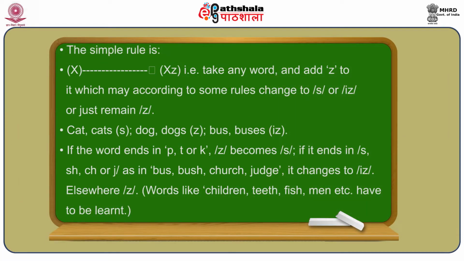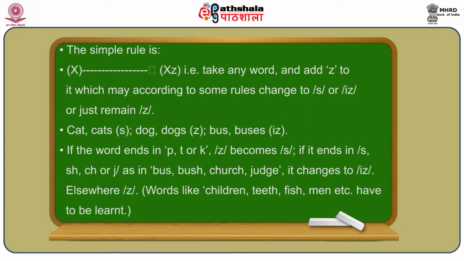The simple rule in English is x, xz, xz, x, xz. According to the rules, it becomes s in words like cats and caps. It becomes z in words like dogs and bugs and beds.